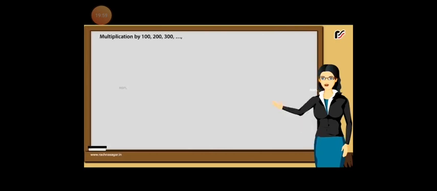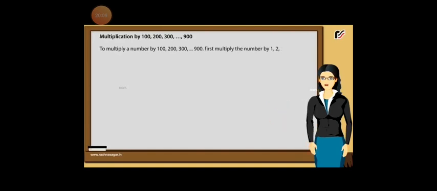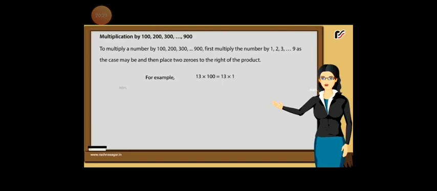200, 300, 900. To multiply a number by 100, 200, 300 or 900, first multiply the number by 1, 2, 3 or 9, as the case may be, and then place 2 zeros to the right of the product. For example, 13 into 100 is equal to 13 into 1 into 100 is equal to 13 into 100 is equal to 1300.